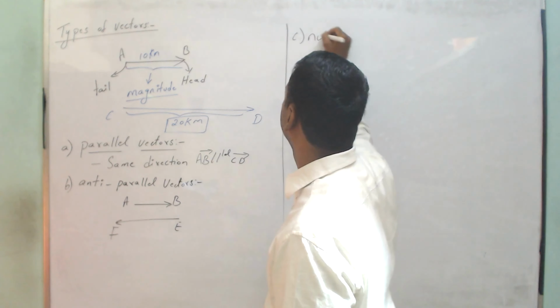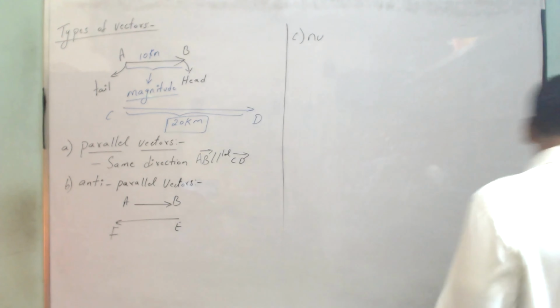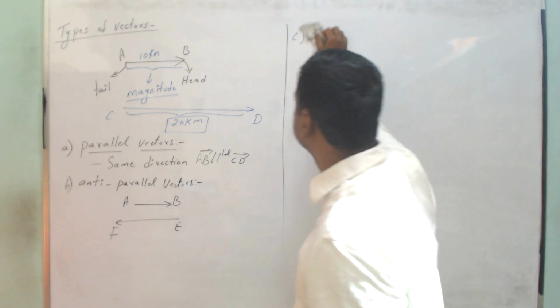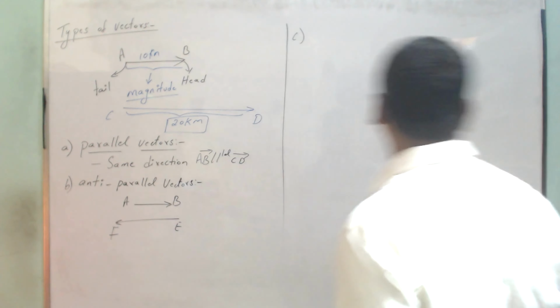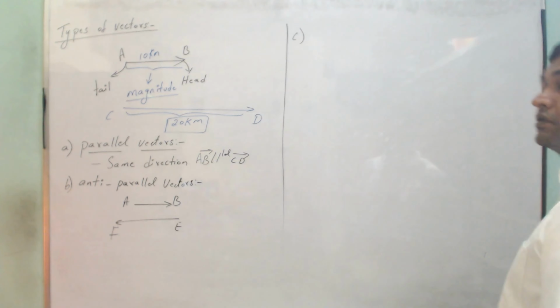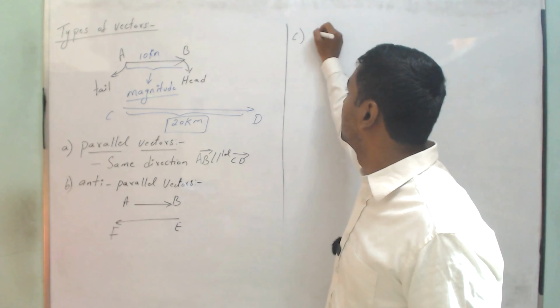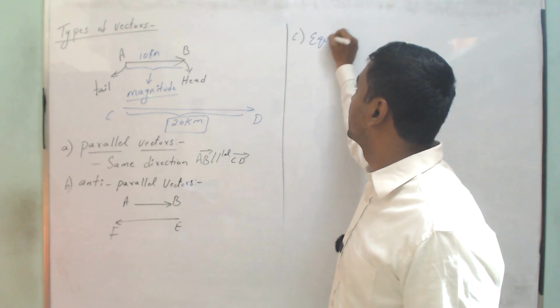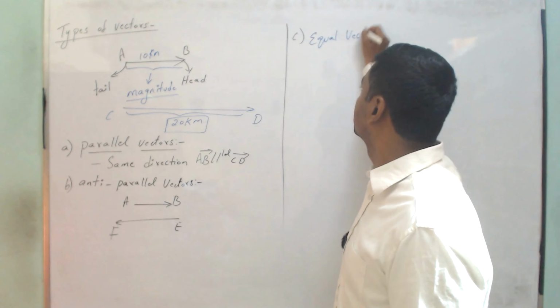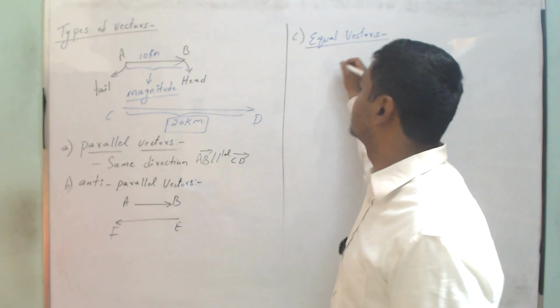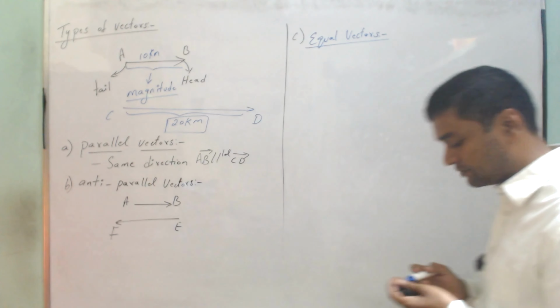अगला है इक्वल वेक्टर्स। What are equal vectors? Which have same magnitude, same direction. Same magnitude and same direction, है ना? So equal vectors are vectors which have same magnitude and same direction.